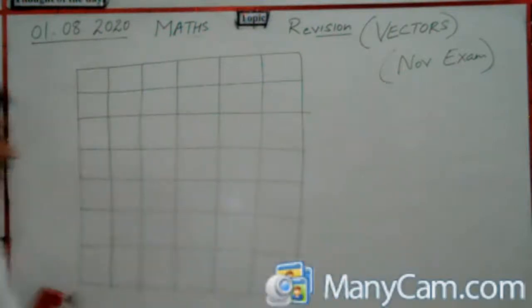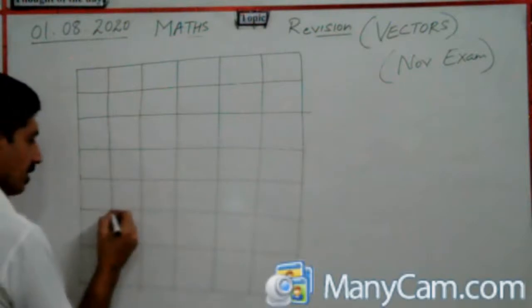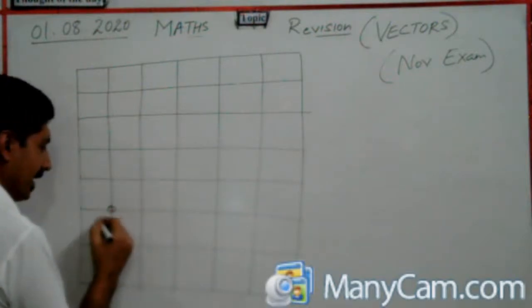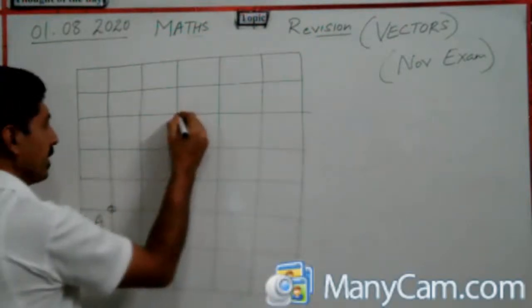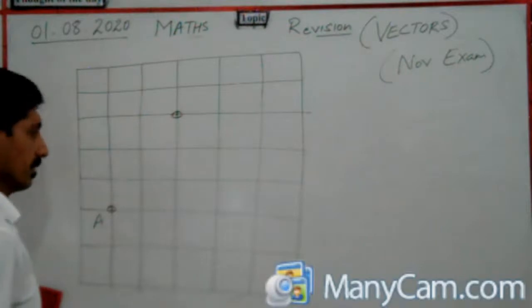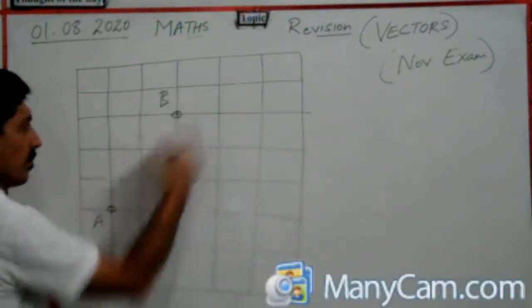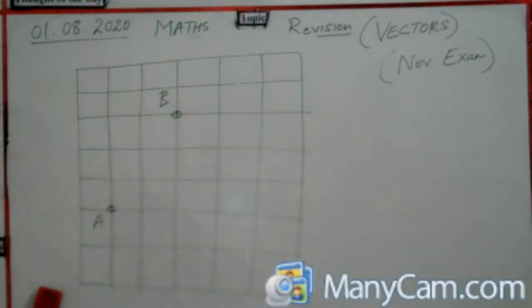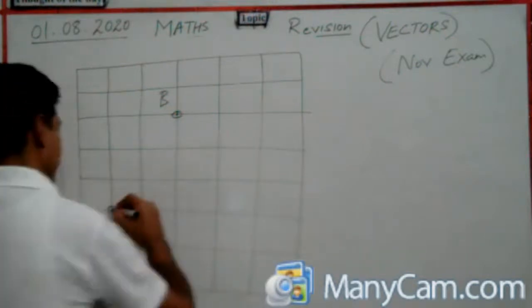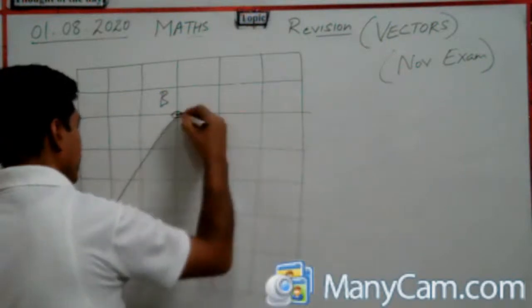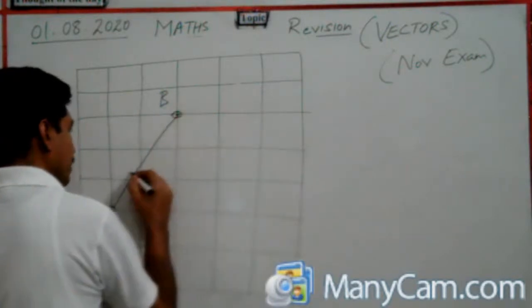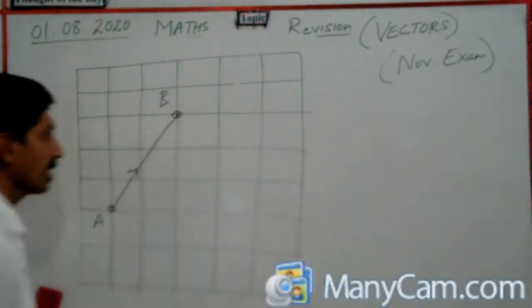Now, if we are at any position A, we are at point A here, and one is here at point B. Now one wants to move from A to B, then the direction is from A to B.